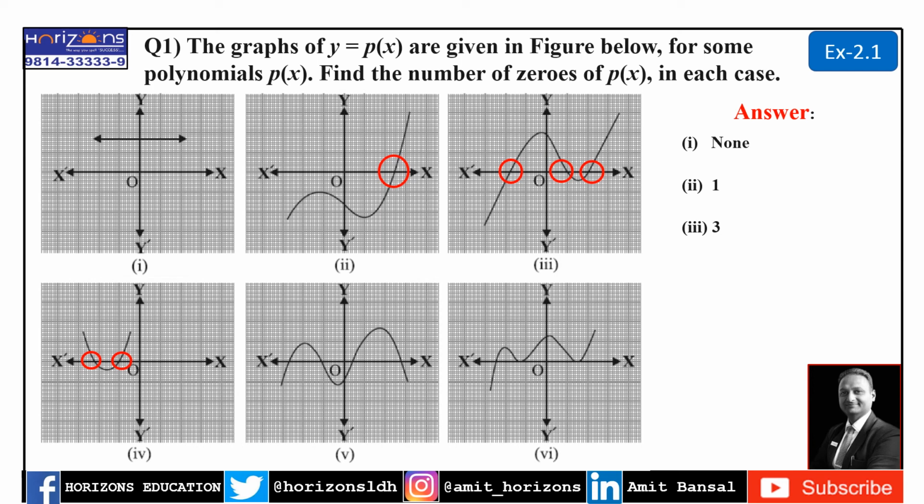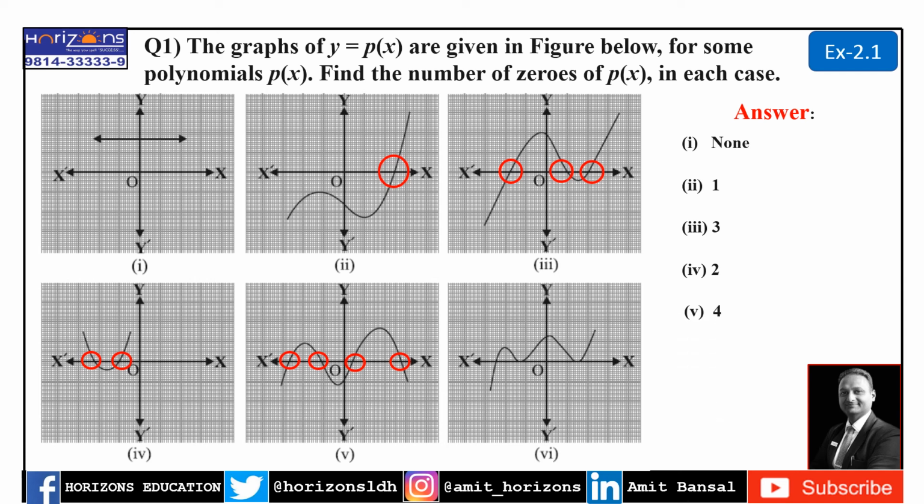So there are 2 zeros of this polynomial. In fifth figure, as you can well visualize that 1, 2, 3 and 4 are the points where the graph is intersecting the x-axis. So therefore the polynomial for which this graph has been drawn has 4 zeros.